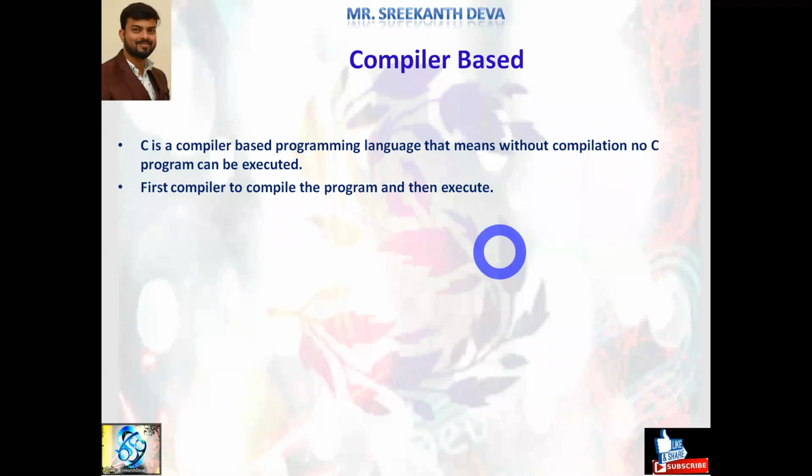Only once the syntax errors are cleared does the compiler convert high level language into low level language. As we discussed, the compiler not only checks syntax and semantic errors, it also behaves like a language translator. It converts a high level programming language into a low level programming language. That is done by the compiler.